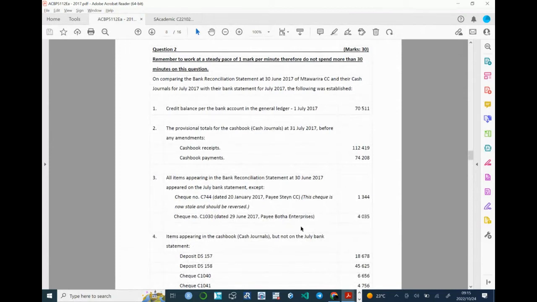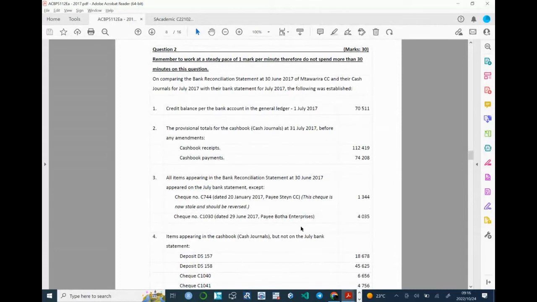When we now know what it's going to affect, after we've gone through each of them, we then say, okay, now let me begin with my cash receipts journal. Then let me go to my cash payments journal. Then let me go and do the bank account. Get my balance on my bank account. Now I know the balance that I should get at the end of my bank reconciliation. And if I get the same thing, I've definitely done my question correctly.